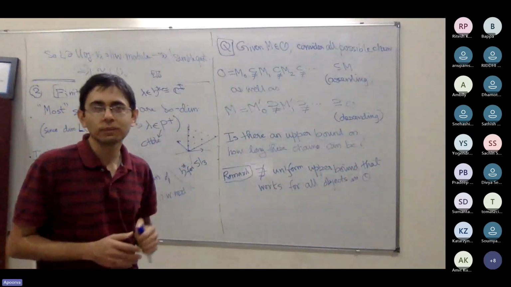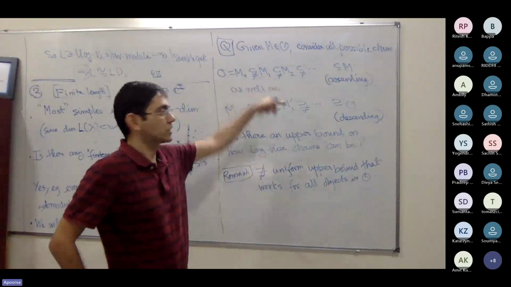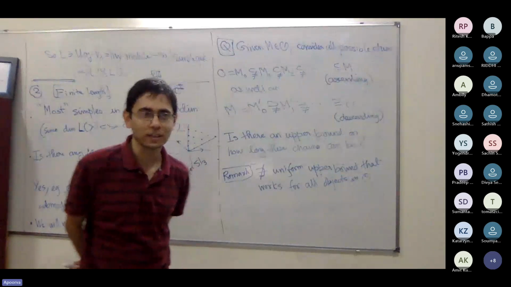Why is there no uniform upper bound that works for all possible objects in category O of such a chain length, either ascending or descending?